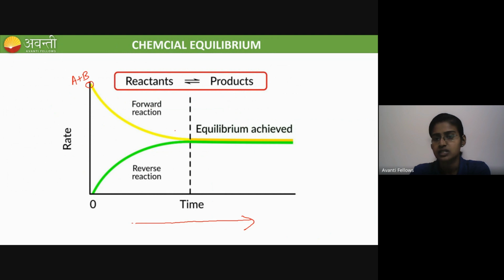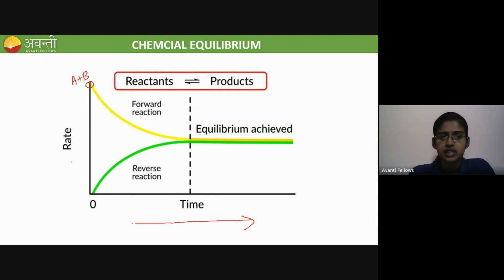There is no change; even if you increase the time, there is no change in the concentration of A and B. In the same way for the reverse reaction, ammonia gives nitrogen and hydrogen, that is, C plus D gives A plus B. At one point, both of them attain the equilibrium point. This graph represents both the reactions.